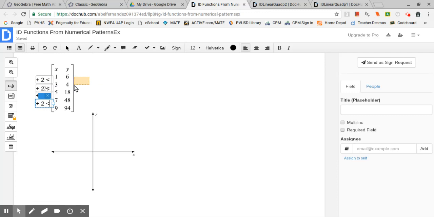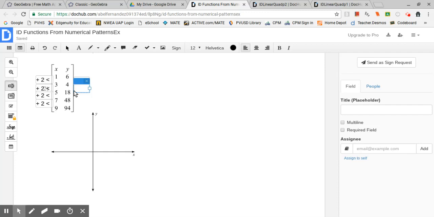Now how about from 6 to 4? Let's see. I'm subtracting 2. What about from 4 to 18? From 4 to 18, that's 14, right?